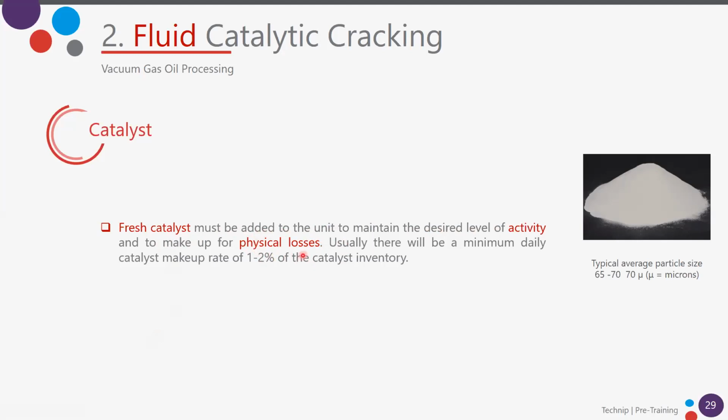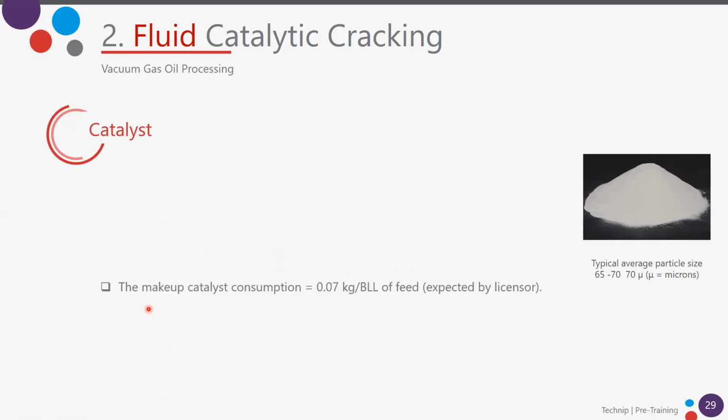Remember that we are losing some catalyst in the regenerator. Even if we have the cyclones, we will lose some catalyst. And of course, we withdraw some equilibrium catalyst. So we will have to add fresh catalyst. Usually, there will be a minimum daily catalyst makeup rate of between 1 and 2% of the catalyst inventory, according to the operating manual of the unit.